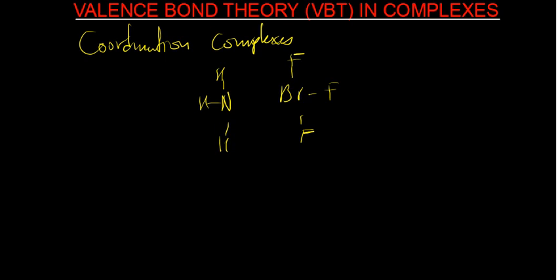Such is what we call a coordinate bond, where only one atom donates its electron pairs. Very important to understand. This is what we talk about when we're talking about coordinate bonding or coordinate complexes.